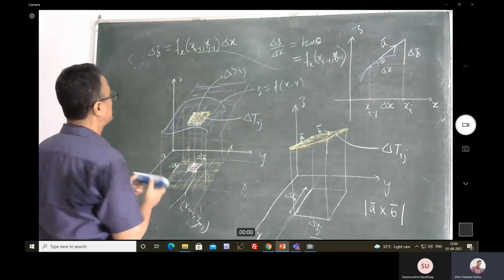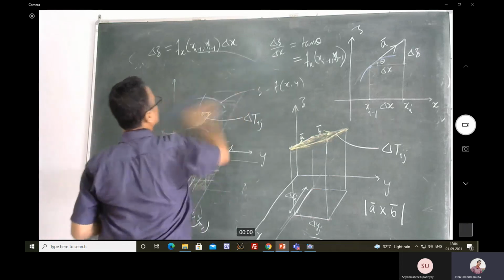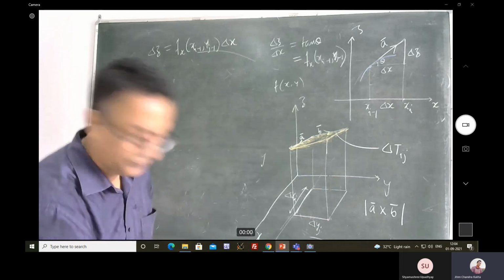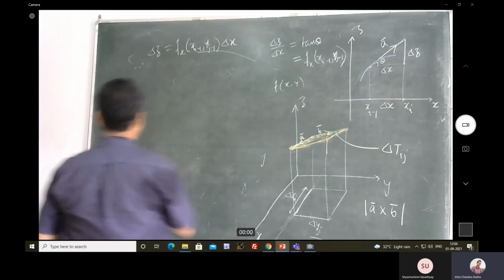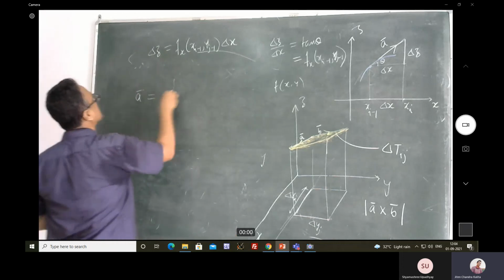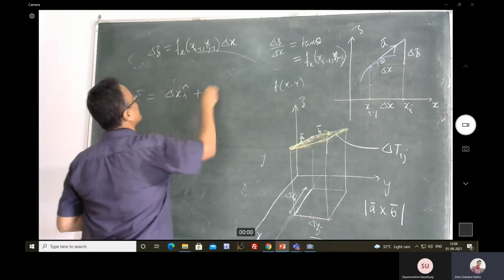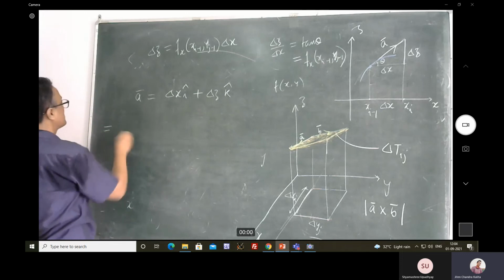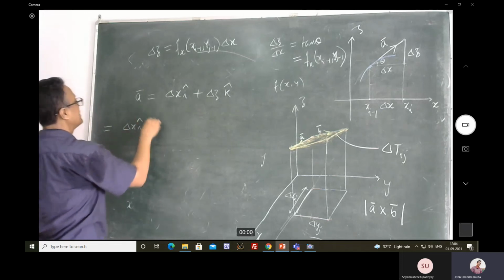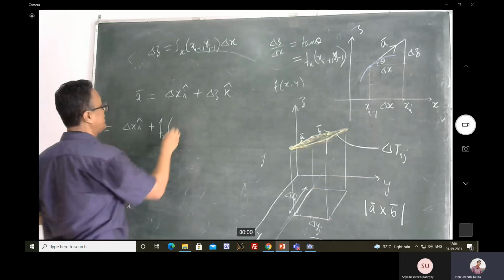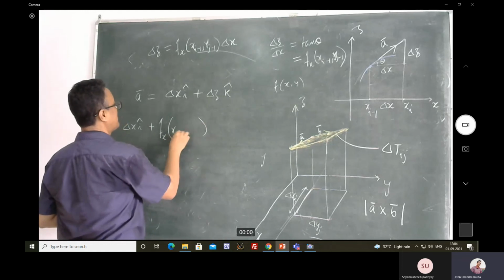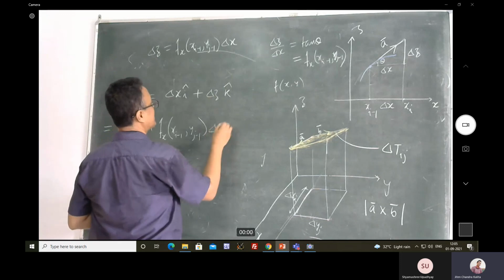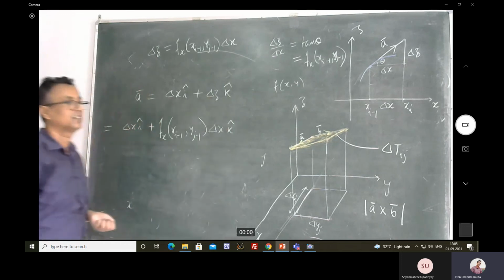So what is happening out here? If you look at the vector A, it is simply delta x i plus delta z k. So this is equal to delta x i plus f_x at (x_{i-1}, y_{j-1}) delta x k.